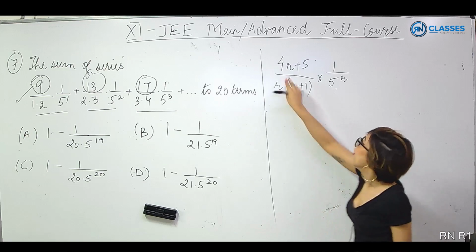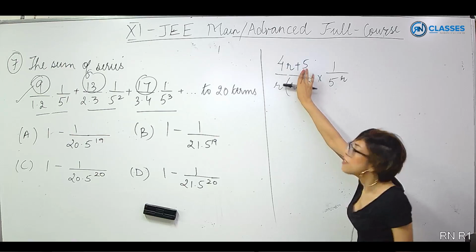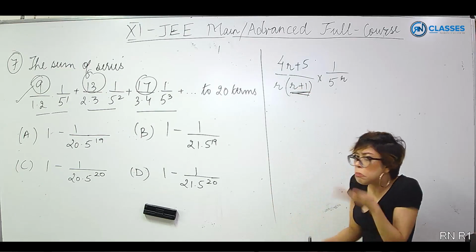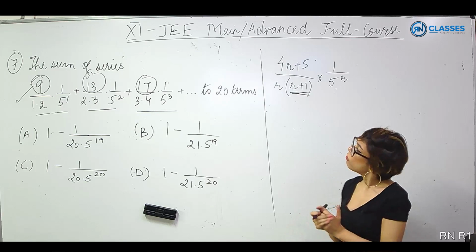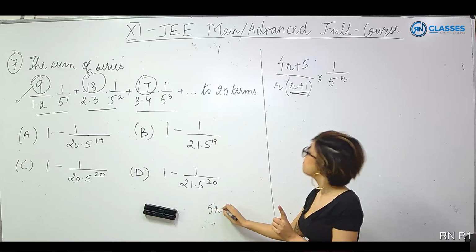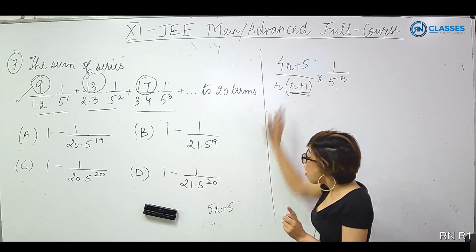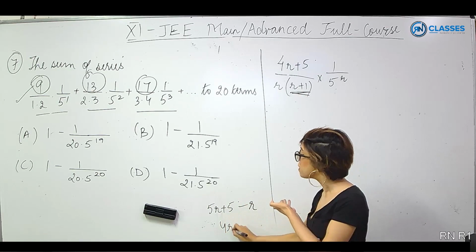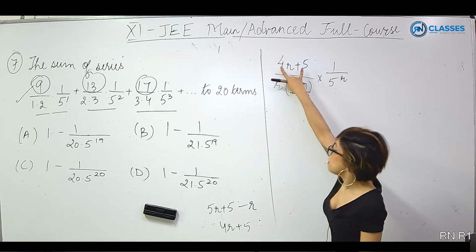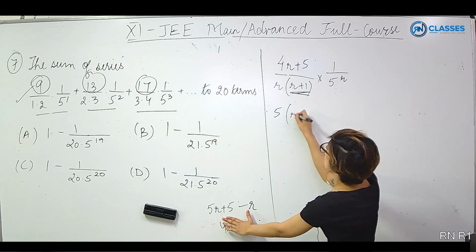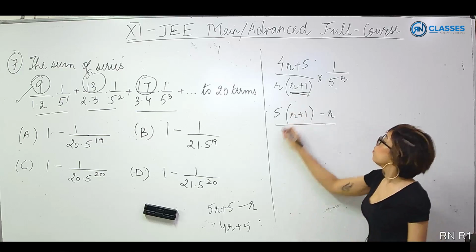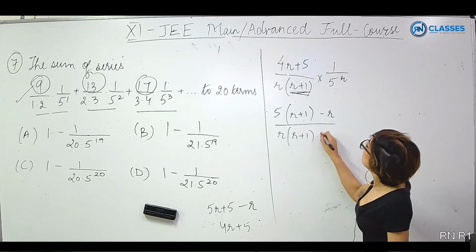So mind that here we have 4R plus 5 plus 5, so this factor may be multiplied by 5. So this is nothing but 5R plus 5, and then if I subtract R, look, I get 4R plus 5. Not a coincidence. So I can write 4R plus 5 as 5 into (R plus 1) minus R, all over R into R plus 1 into 5 raised to R.